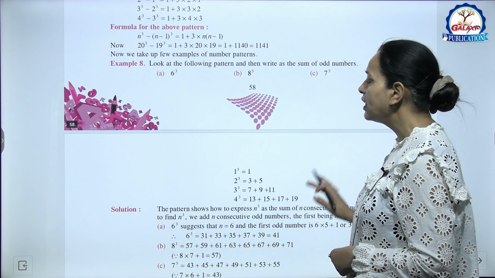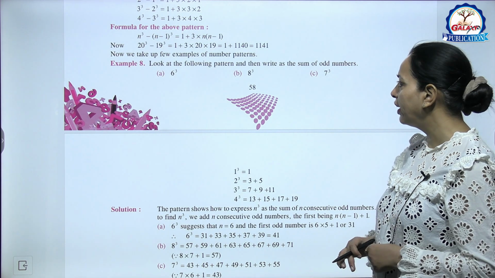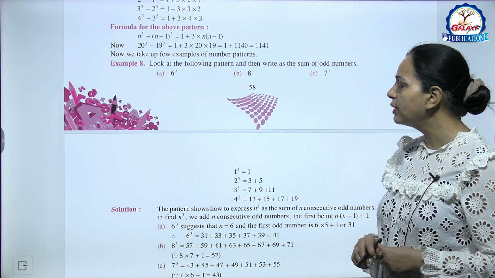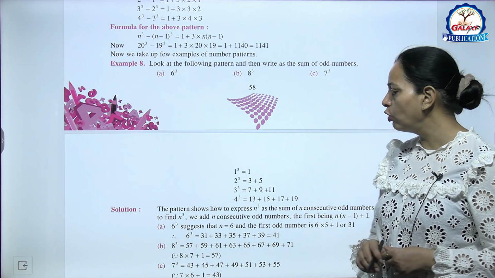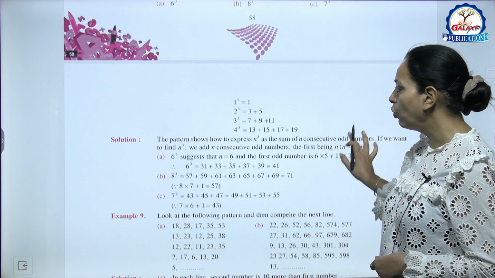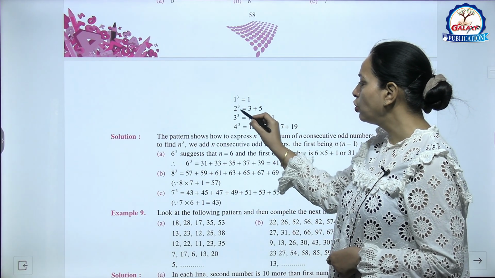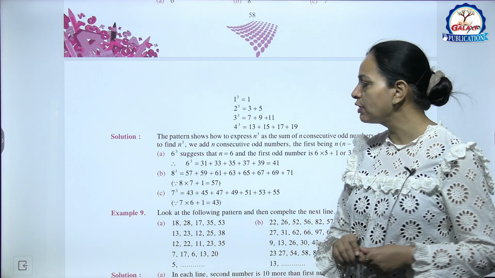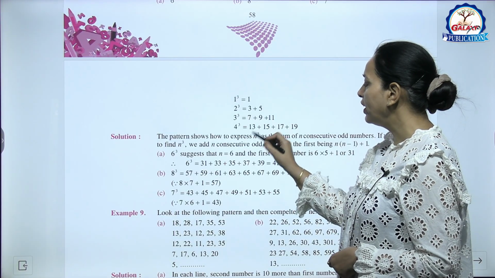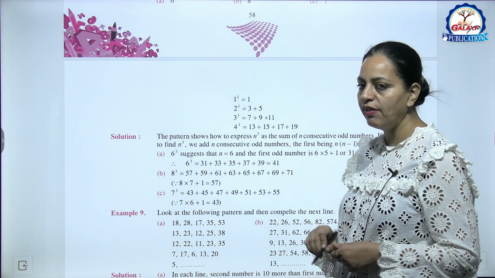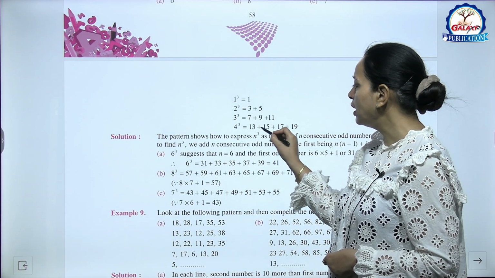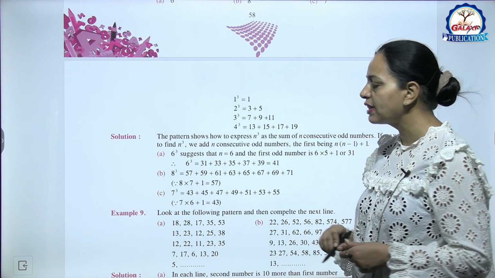Now example 8. Look at the following pattern and then write as the sum of odd numbers, like A part 6 cube. So 6 cube, we know here 1 cube is 1, 2 cube, that is 3 plus 5, 8. 3 cube 27, 7 plus 9 plus 11, then 4 cube 13 plus 15 plus 17 plus 19.